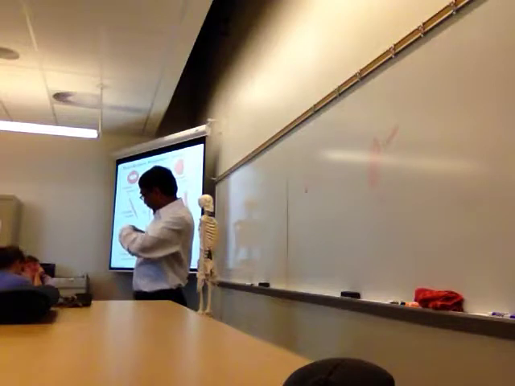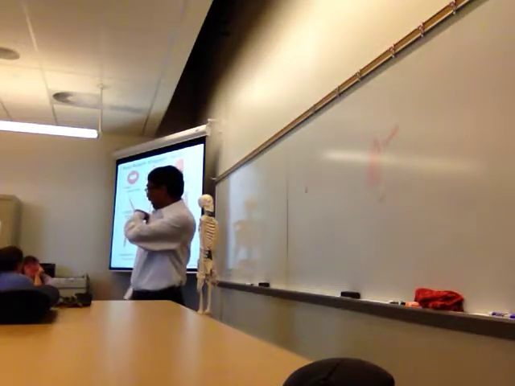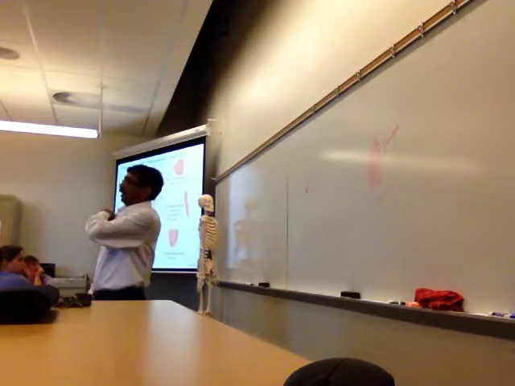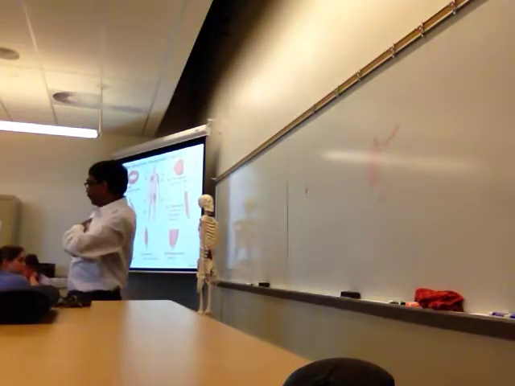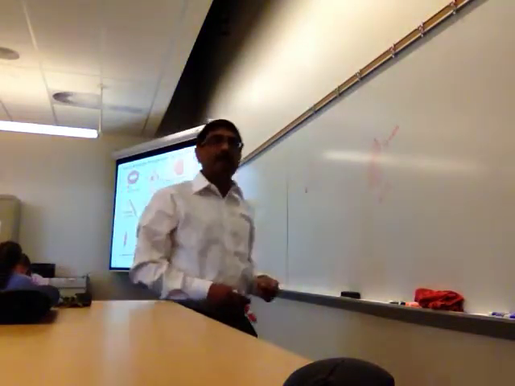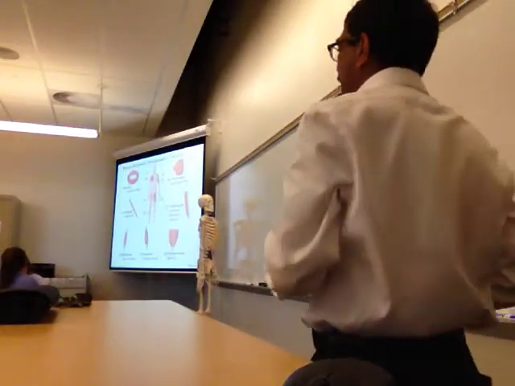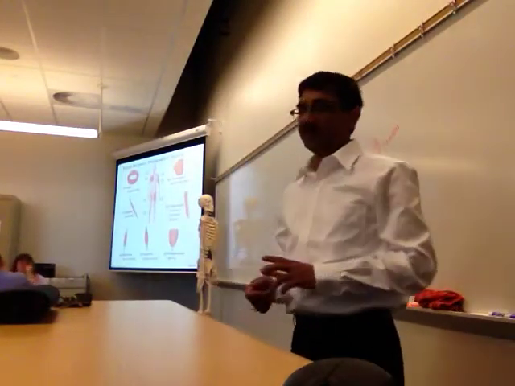So starting from different ribs and meeting here at one point, the head of the humerus. So that's the pectoralis major. That's the convergence. So those are different types of arrangements we see in muscle fibers. Okay.